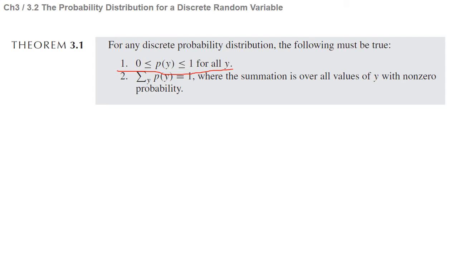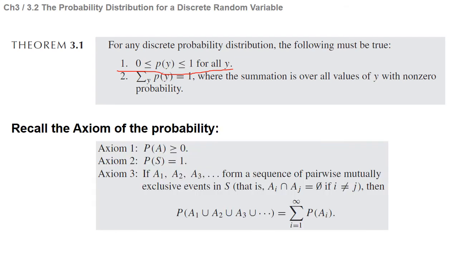To see this is true, you just recall the axioms of probability and the random variable Y. Random variable Y is a function from a set to a real value.